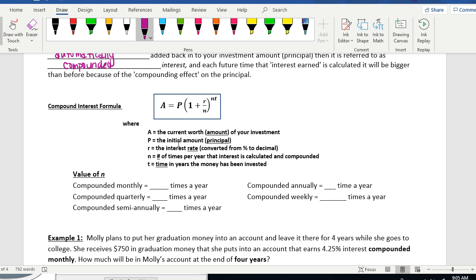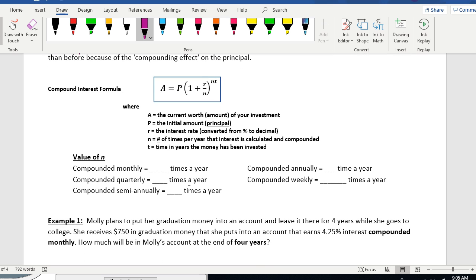P is the initial amount, my principal. R is the interest rate, okay? And that's going to be the percent that is given in our word problems, and we have to change them to decimals. N is the number of times per year that the interest is calculated and compounded. And T is the time in years that we are investing the money.